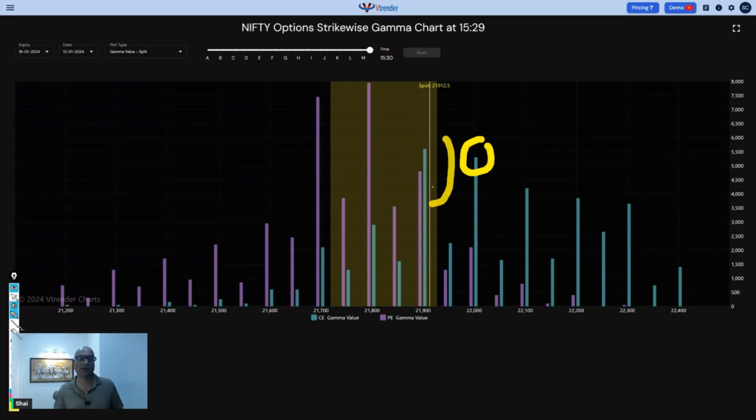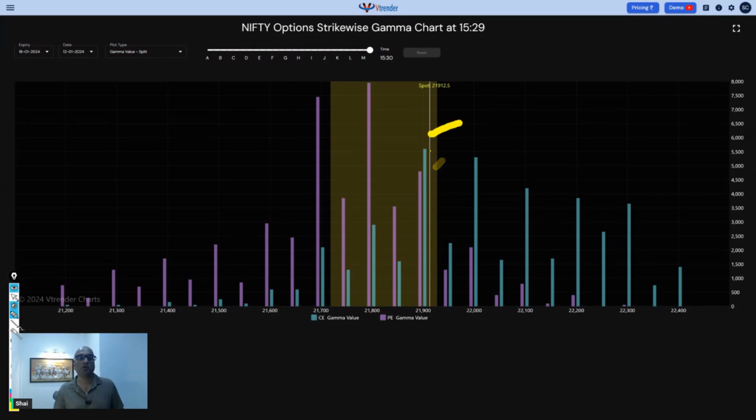Also, you can look at this gamma concentration and find out if a strike can be broken later. So currently, 21,900, we've crossed at the close. This is the spot price, the white line. We've crossed above this 21,900 strike, but this 21,900 gamma is still up over there. So at least for the next few hours, that is on Monday, of course, these call writers think that they have a chance and this market is not going to go running higher.